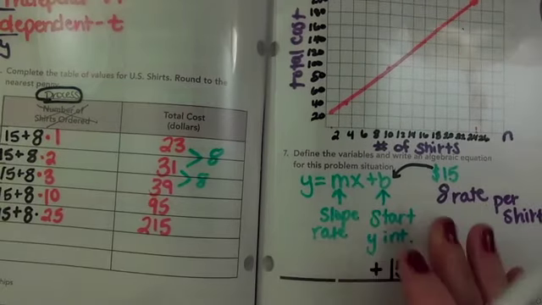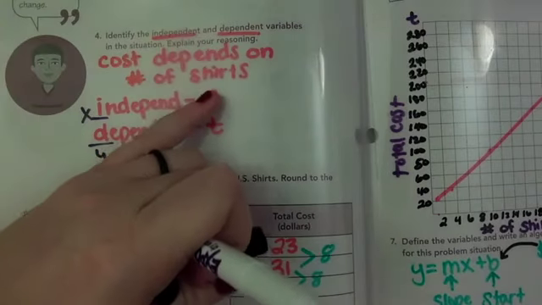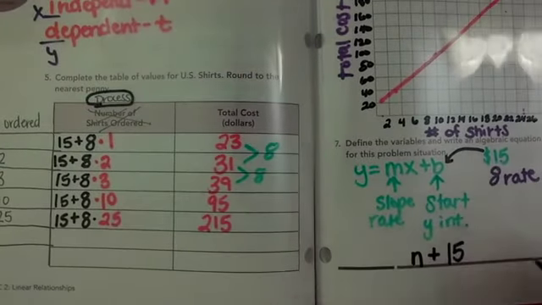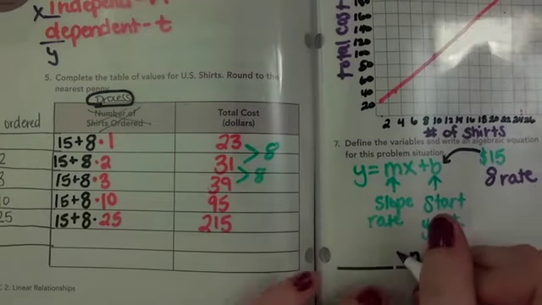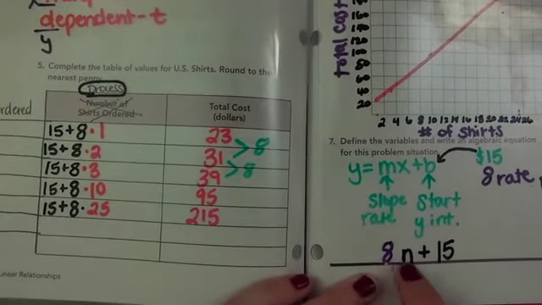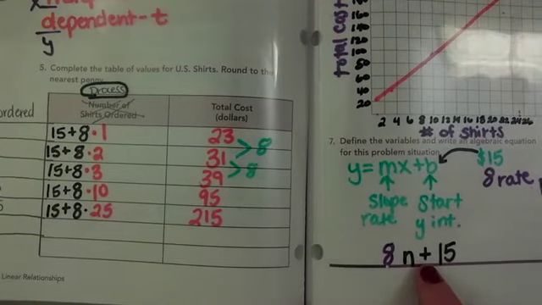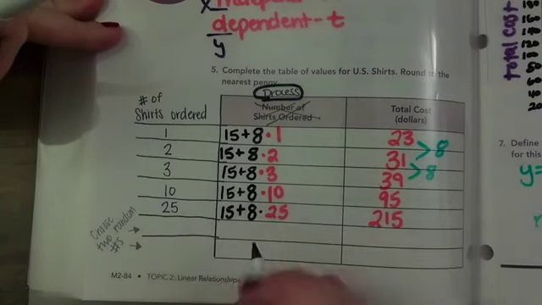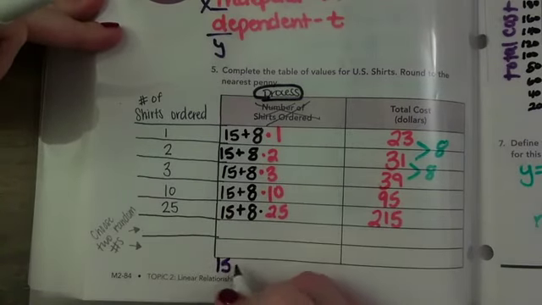The x, remember we said x was the N for number of shirts. So you would say 8 times N, because it was $8 per shirt. So it's $8 times the number of shirts plus 15. If you look at our equation, that's the same thing. 15 was our starting value. There was always a 15 there.